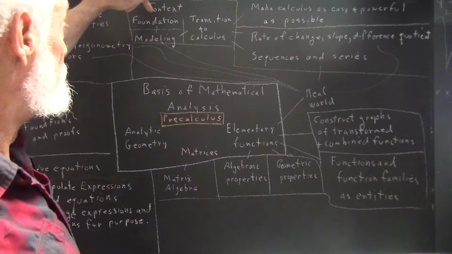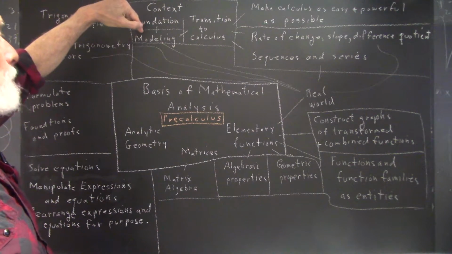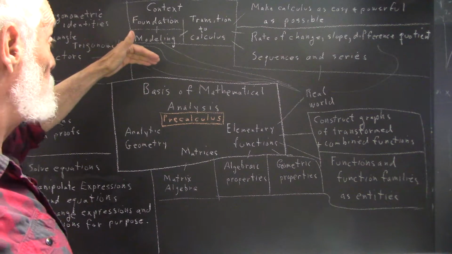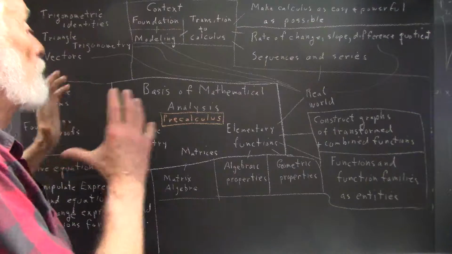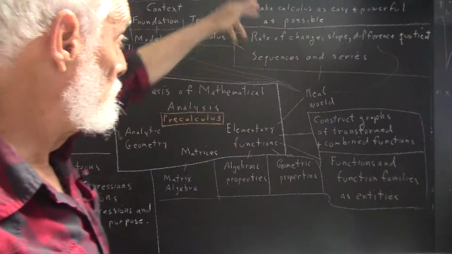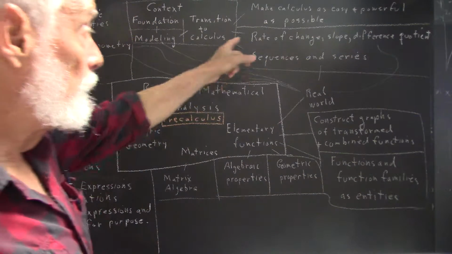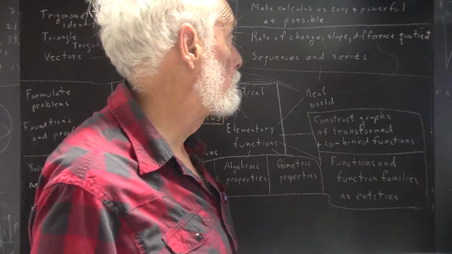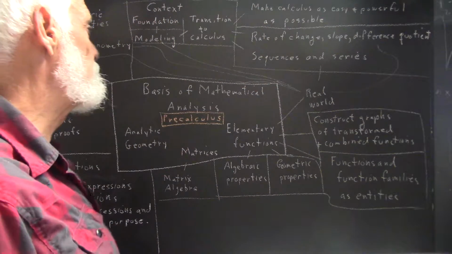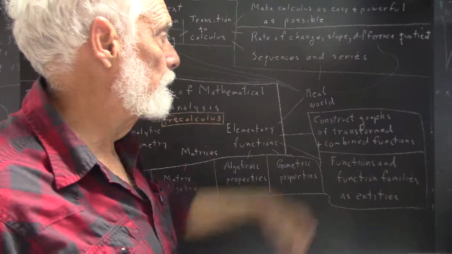So the context is that we have a foundation for modeling in courses that don't go beyond the level of precalculus, and for the transition to calculus, where we try to make calculus as easy and powerful as possible, where we study rate of change, slope, difference quotient, rate of change being the keystone concept of calculus, and sequences and series.